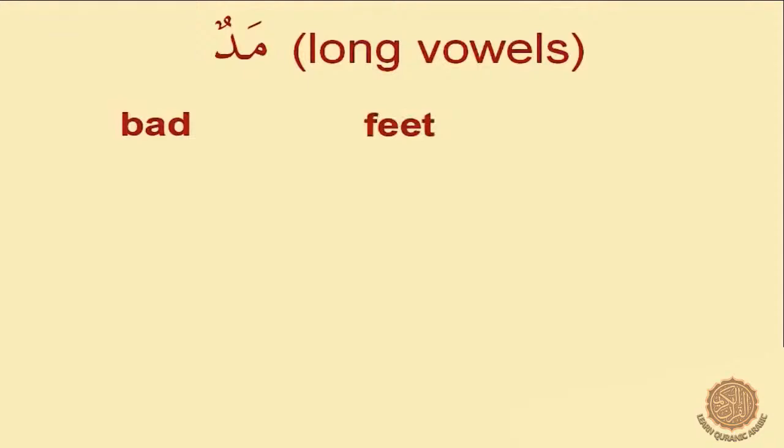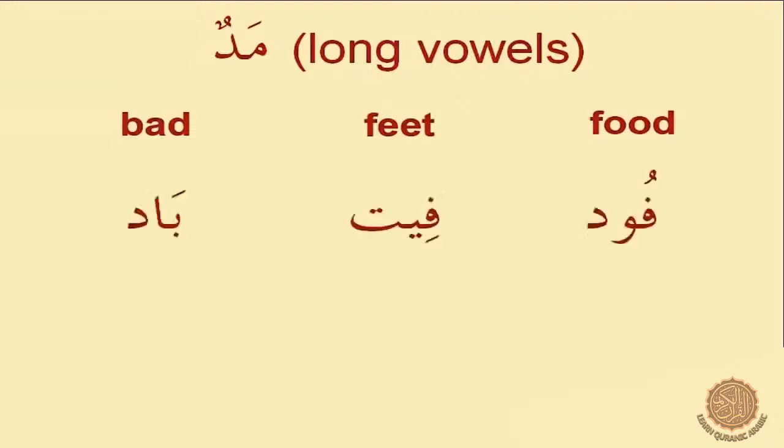We don't say fit, we say feet. There's an elongation of the E sound. And also the word food. We don't say fud, we say food. So there's the elongation of the U sound. Food, not fud. Now if I transliterate this into Arabic, I get the following.